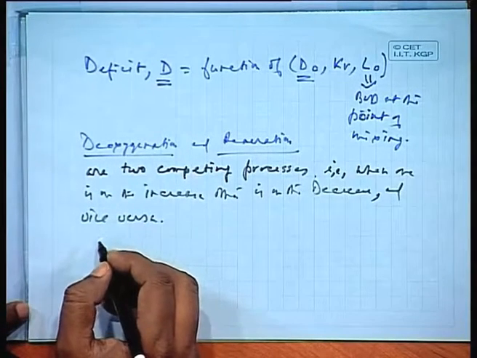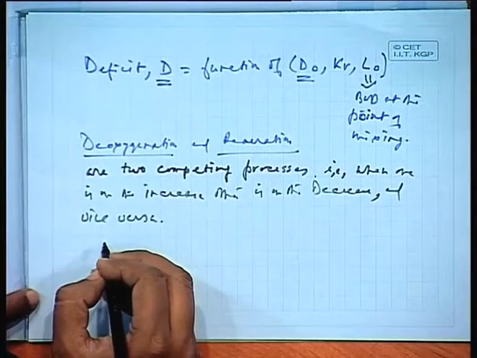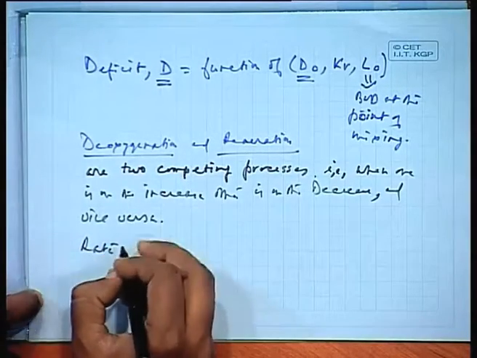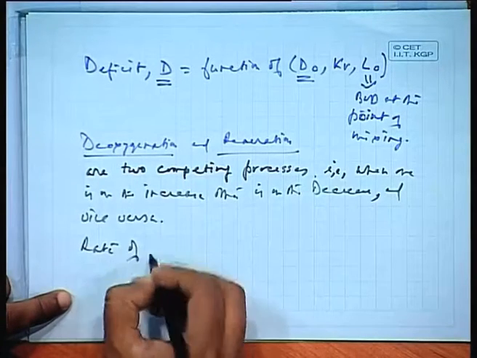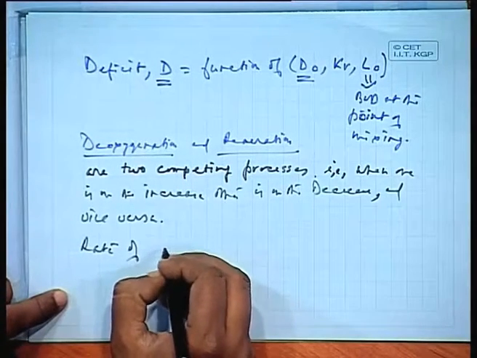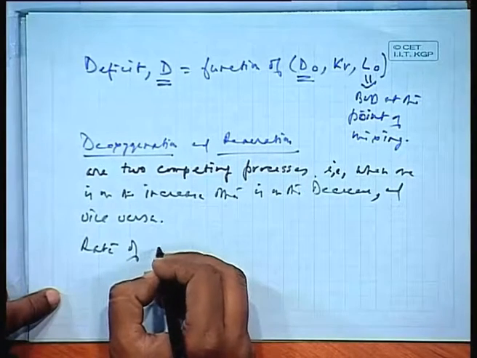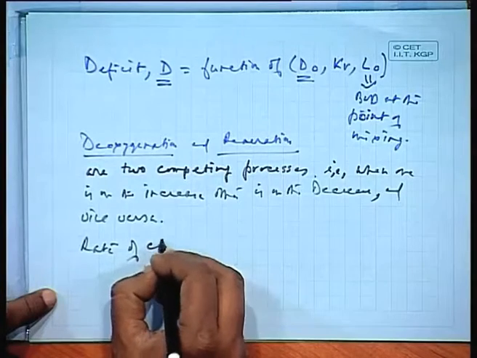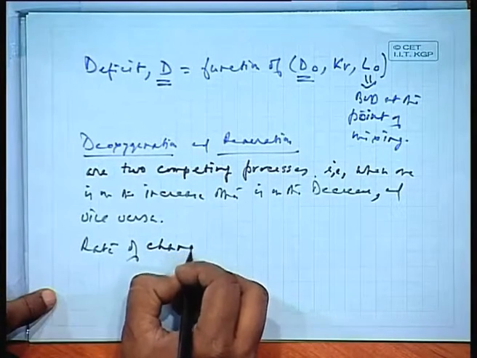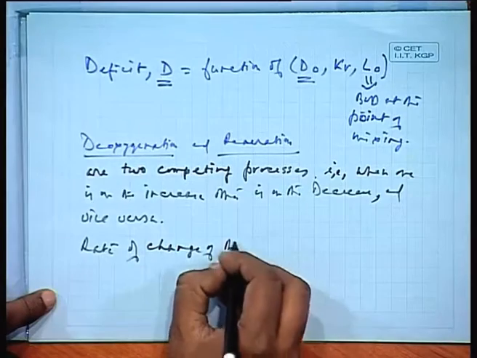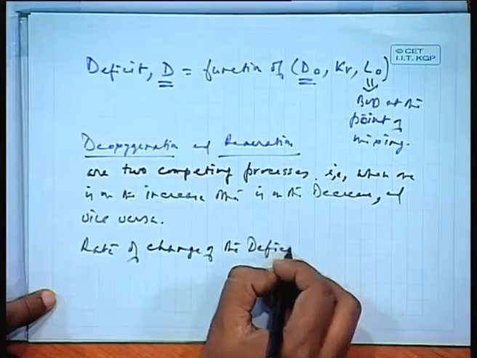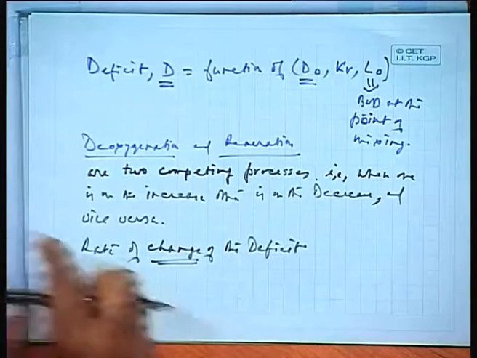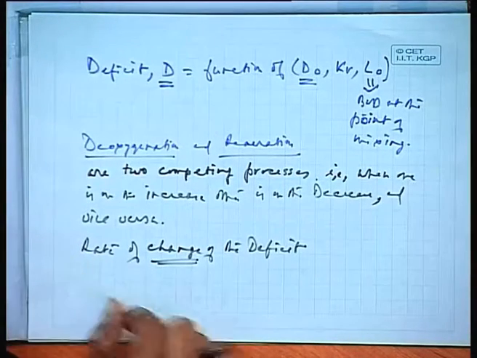So from this we can find out the rate of change. Remember, in some books, even in the book by Masters, it is written as the rate of increase of the deficit. The word should be rate of change of the deficit. It is not necessarily always increasing or always decreasing.